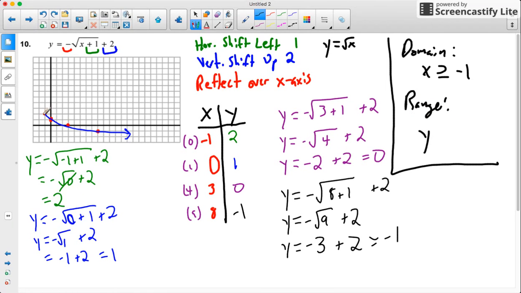And here, my y values, they have kind of a ceiling here. I've got nothing that goes above this line. No y values here. So everything below this point is going to be in my range. So it looks like y is going to be less than or equal to 2. And here we've successfully graphed this function, stated the domain and range, and we've even described the transformations as well.